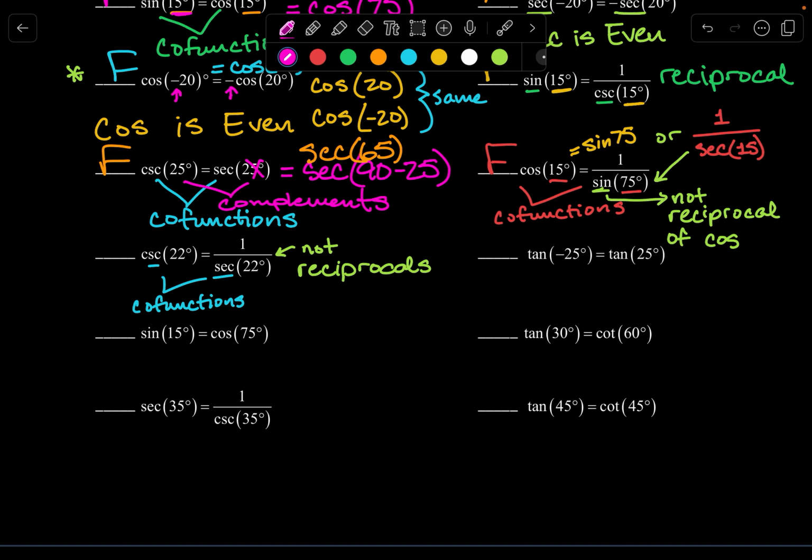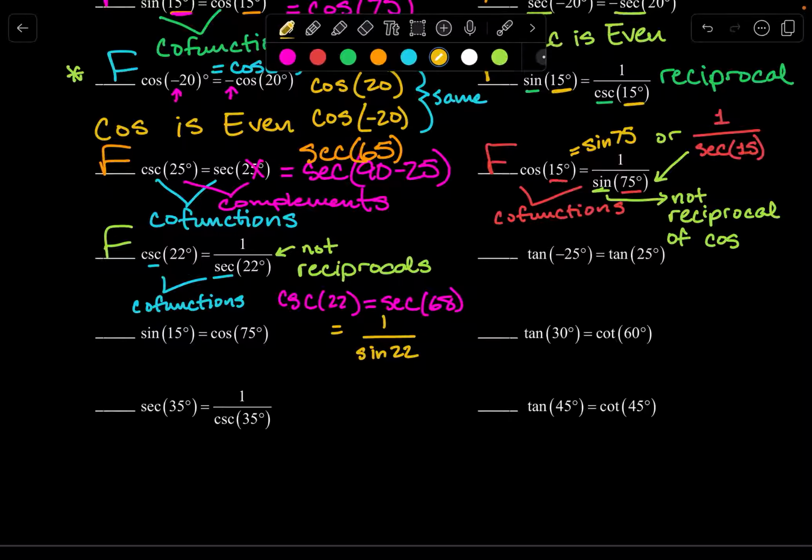Well, you could say that cosecant of 22 equals the secant of the complement, which would be 68, or you could say that it equals 1 over sine 22. So either one of those would make it true, but as of right now, it's still false.